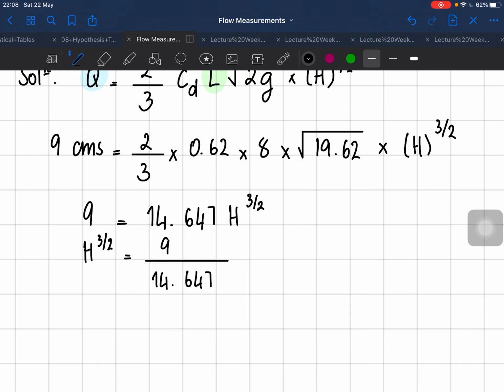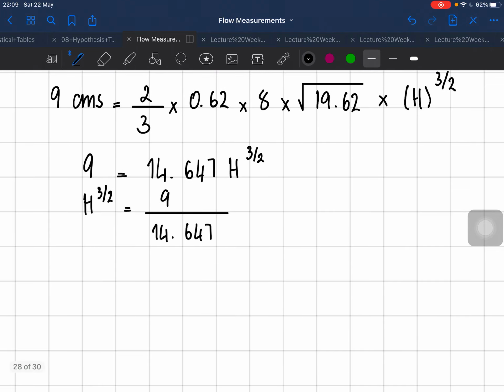So I'll do this first and we can rearrange it later. The answer is 0.615. Actually, you're supposed to only have 3 digits.